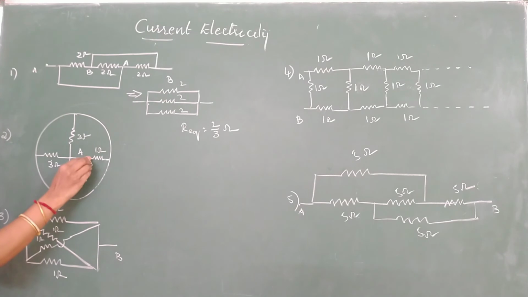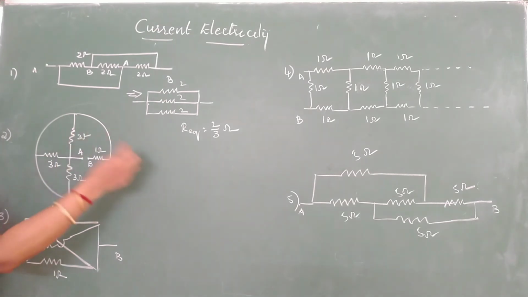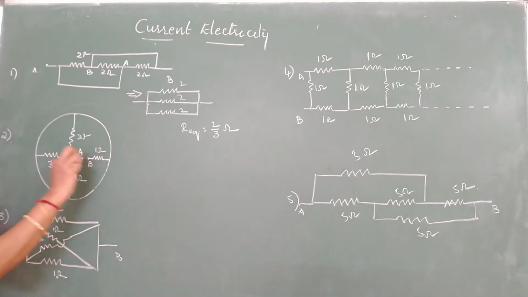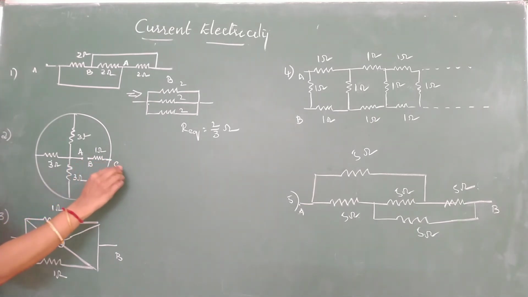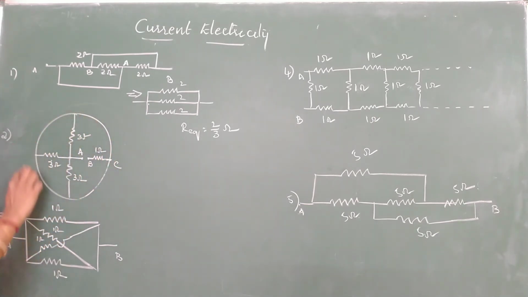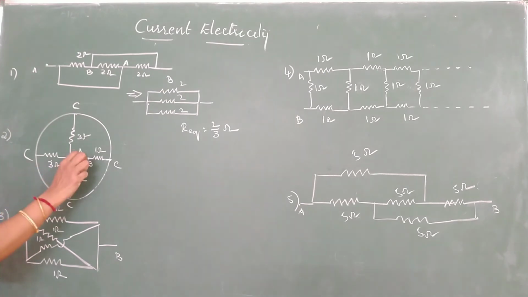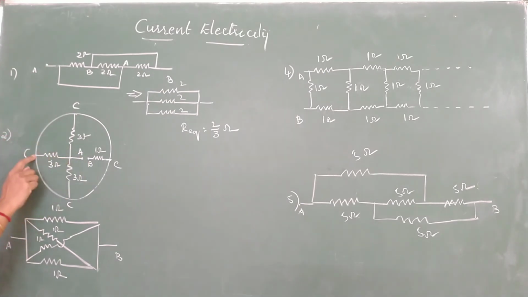Okay, now when metal wires are connected and A and B are together, unfolding, pull this B outside and A outside. If this end is B, I'll call this point C. All these points on the circle are at the same potential, and C. Open the loop. If I pull this A outside, where is this resistor?